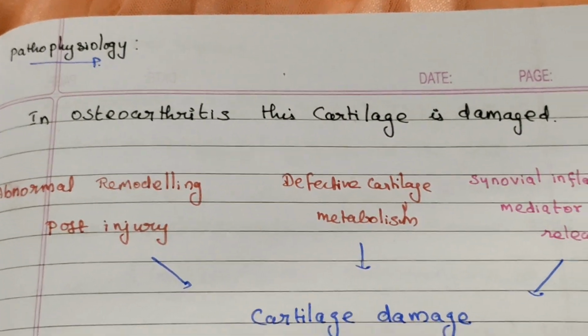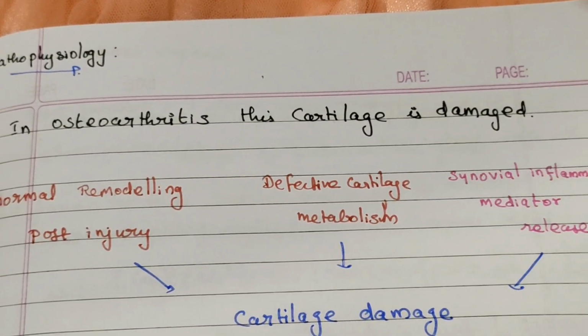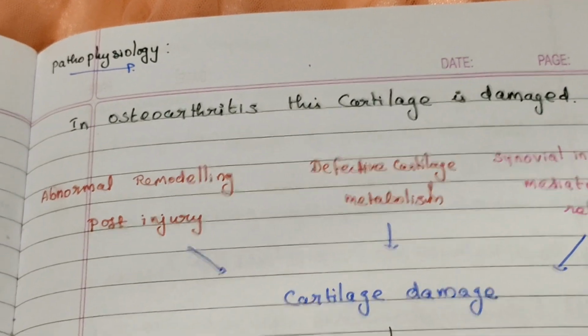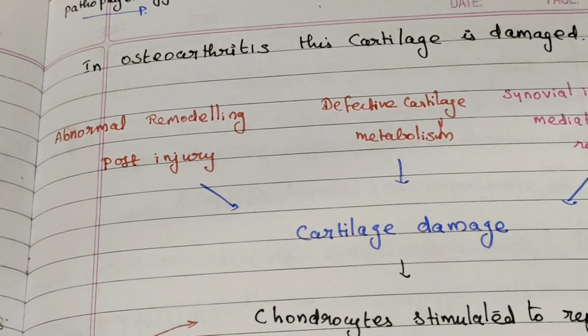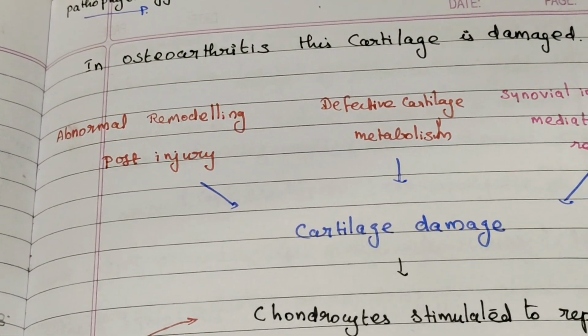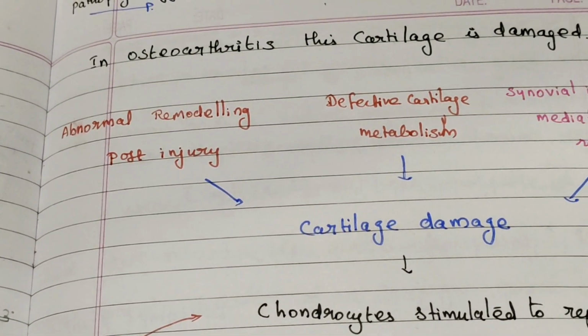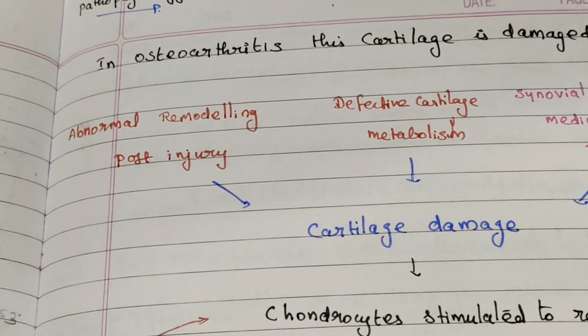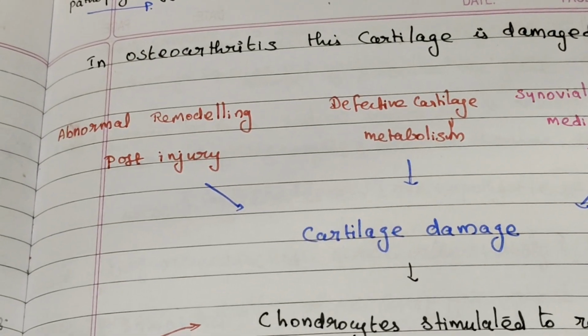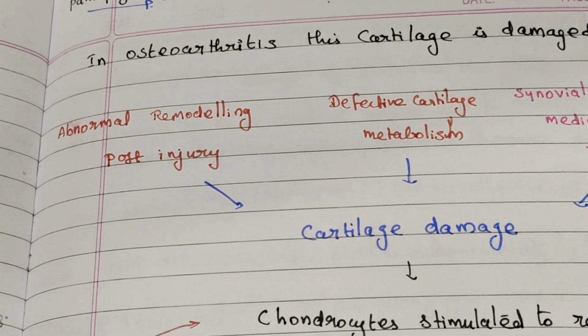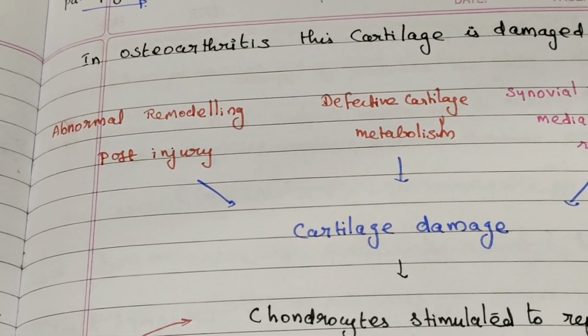In osteoarthritis, this cartilage is damaged. This can be due to abnormal tissue remodeling after an injury.